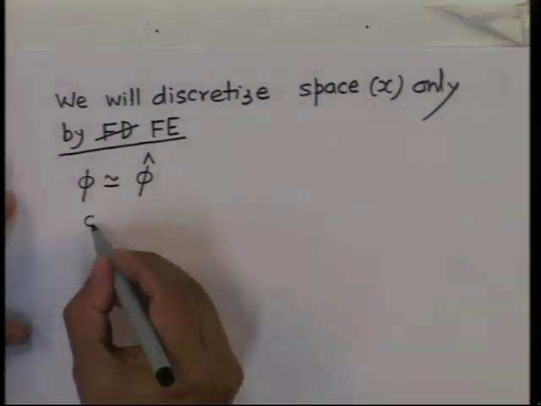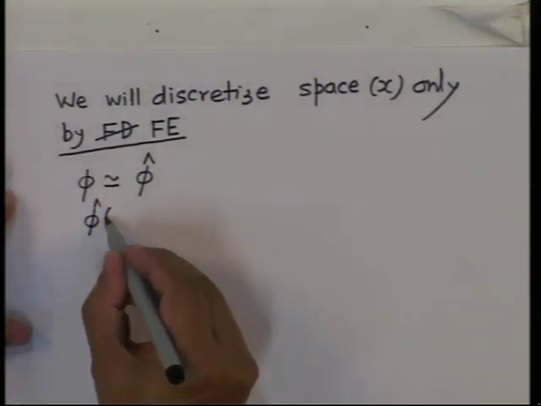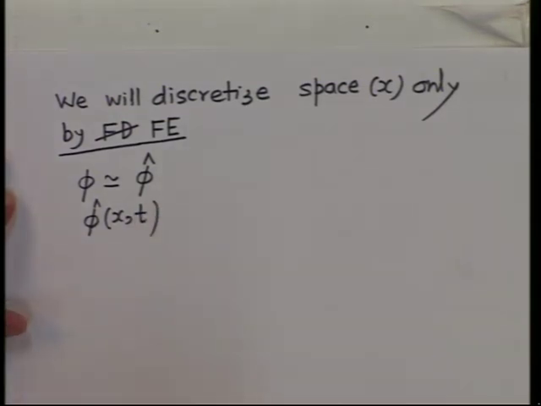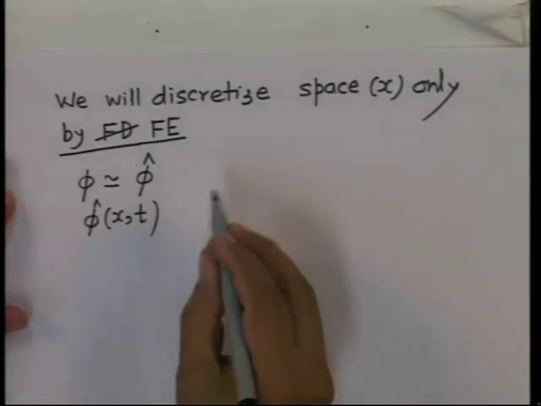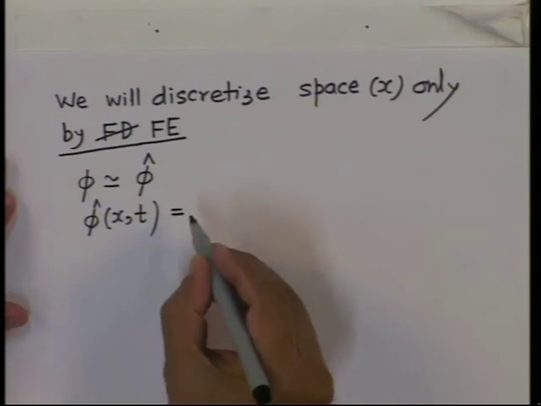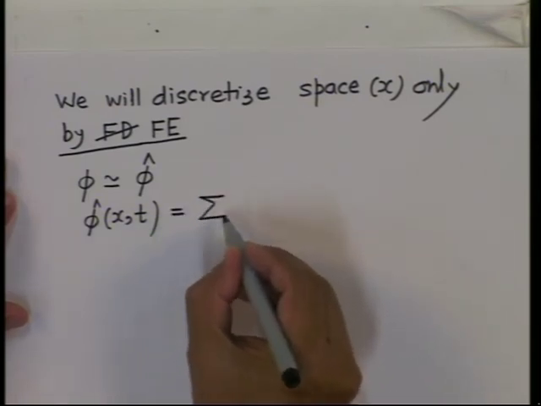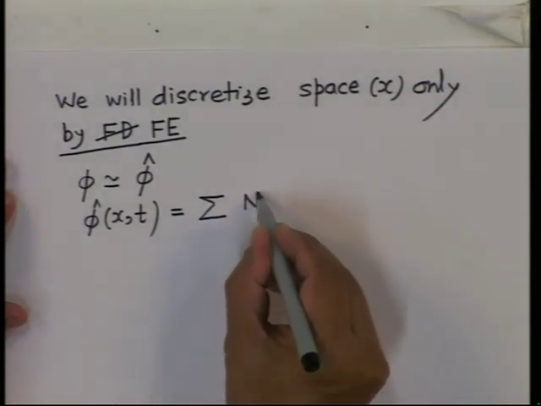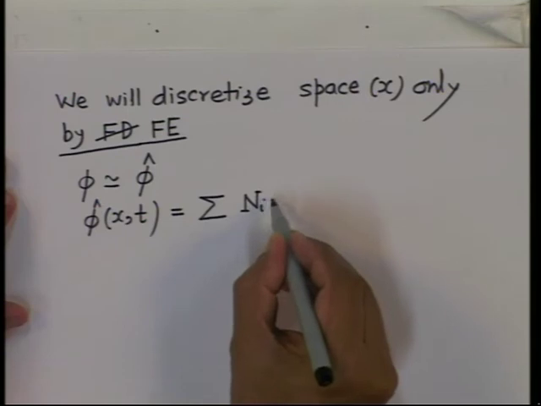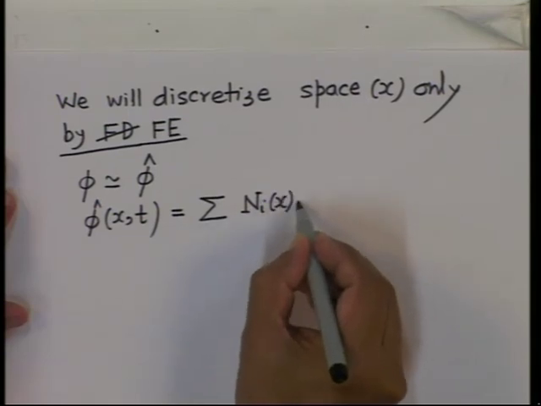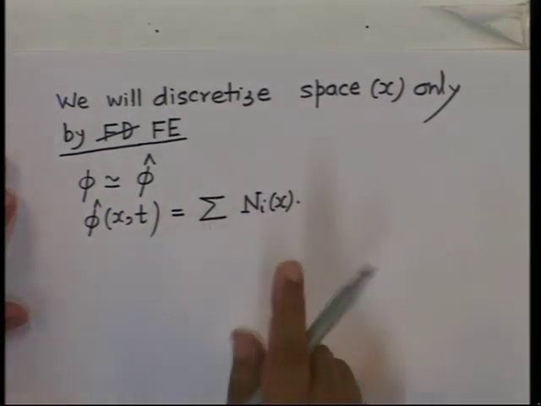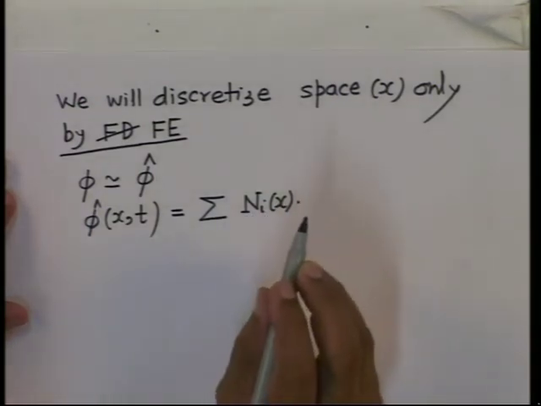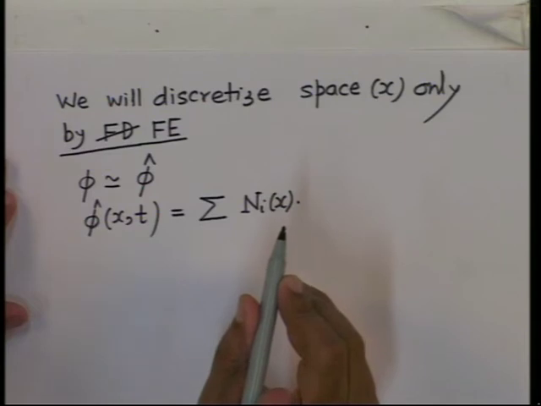Let phi hat(x,t) be the sum of N i times phi i, as in Ritz's method, except that earlier we were saying N i phi i, where phi i was directly the nodal value.